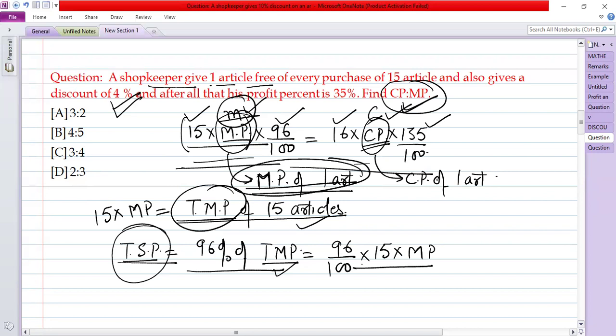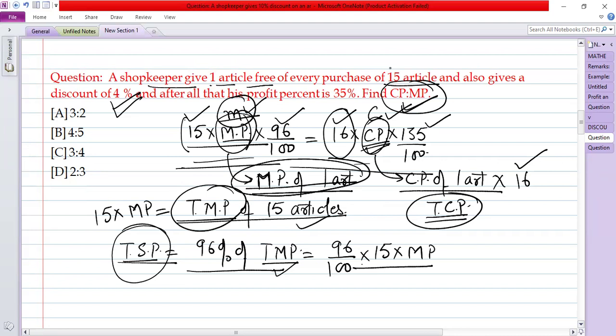Now, similarly, here this CP is the cost price of one article. And if I multiply by 16, then this will be the total cost price of 16 articles. Now, why is it 16 here? Because for the purchase of every 15 articles, the shopkeeper is giving one article free.